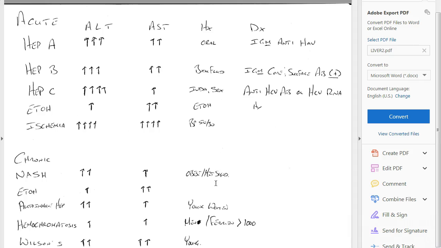It's also a very common thing that you will see when you order an abdominal ultrasound on somebody. Say you think it's their gallbladder, you think they have acute cholecystitis, so you order an abdominal ultrasound. And a lot of times there will be an incidental finding. It may confirm your suspicion because you've done such a thorough physical assessment.